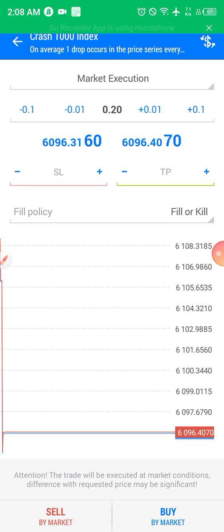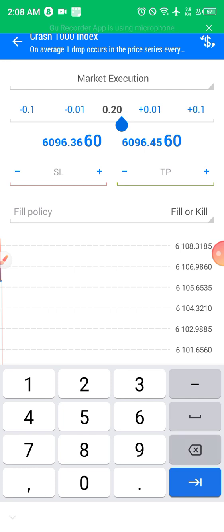The minimum lot size, like I told you, is 0.2 for crash 1000 and so forth. So I want to use a lot size smaller than this. So I want to use maybe 0.25, so that we use 0.005, or I can say 1, or 2 or 5.